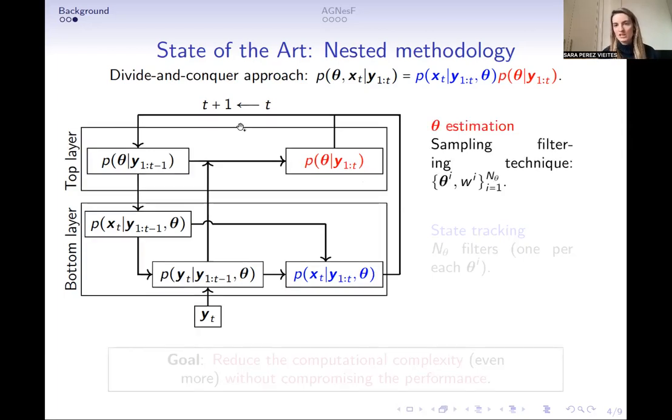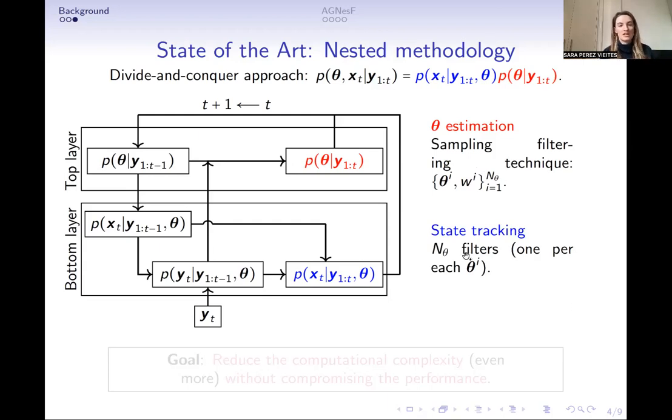So within this structure, in the top layer, we implement a sampling filtering technique. So this predictive PDF is going to be represented with a set of n samples of theta with the respective weights. Once we have that, we can implement in the bottom layer n different filters, one per each sample of theta.